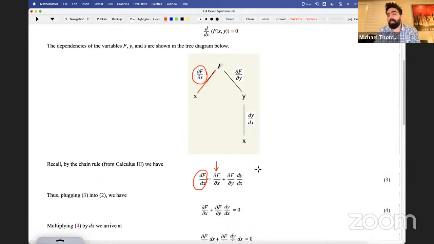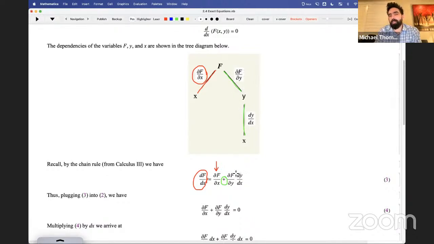And then we're going to come up with all the other chains. And there's really only one other chain here. It's this one. And you're going to add this chain to the one we already did. So there's going to be a plus there. And you just go down, find the product. So this is a partial, the partial of f with respect to y.